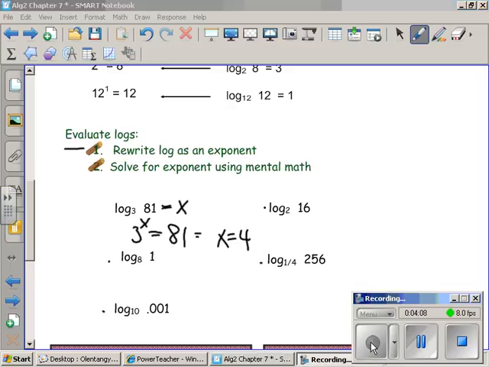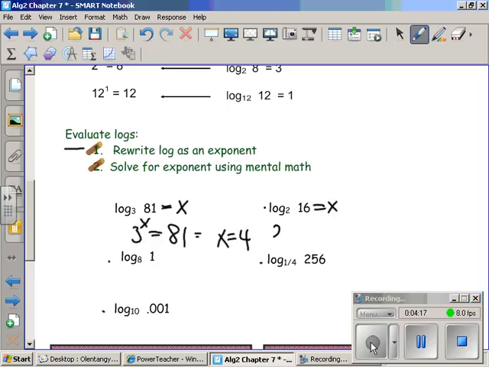Okay, so log base 2 of 16 equals x. Then that means 2 to the x equals 16. Well, what power can I raise 2 to get 16? 4. So x is 4, because 2 to the 4th equals 16.